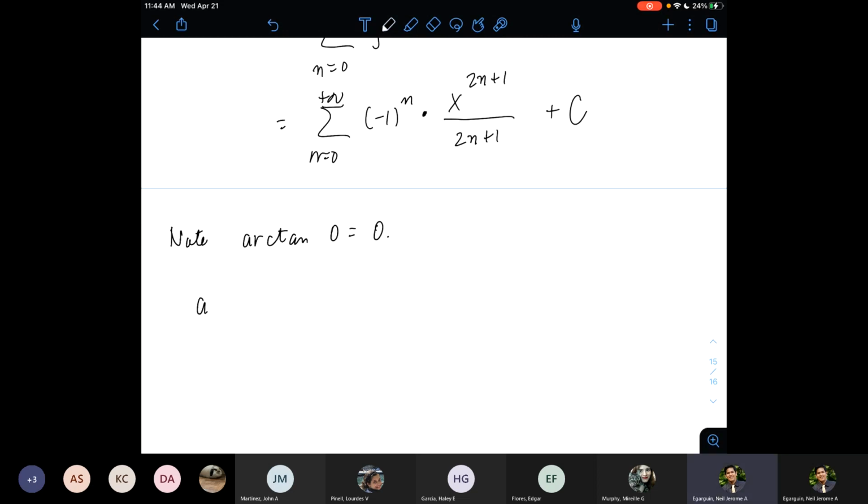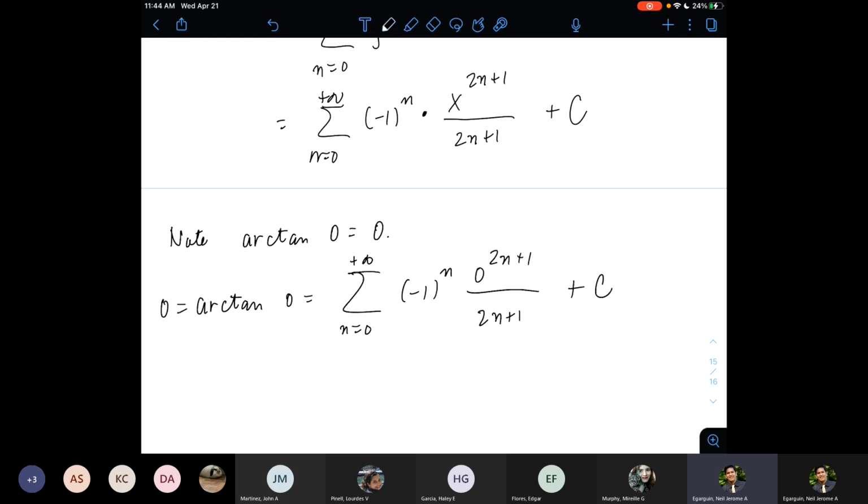So that means arctan of 0 is equal to the sum of negative 1 to the power n, 0 to the 2n plus 1, all over 2n plus 1, going from 0 to infinity, plus the arbitrary constant c, right? And as we have noted, arctan of 0 is equal to 0.